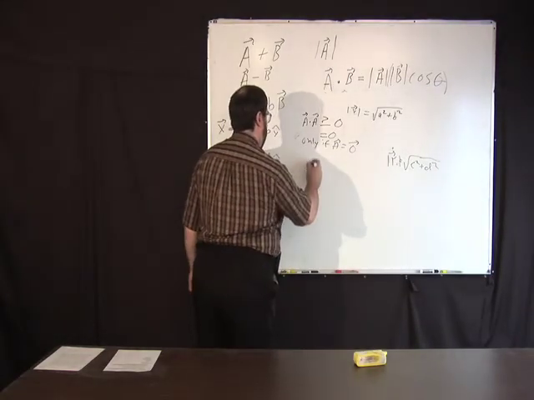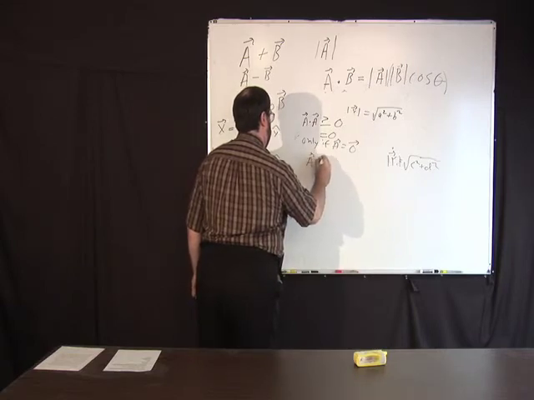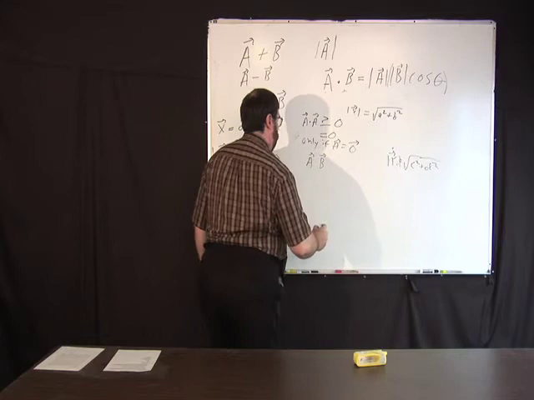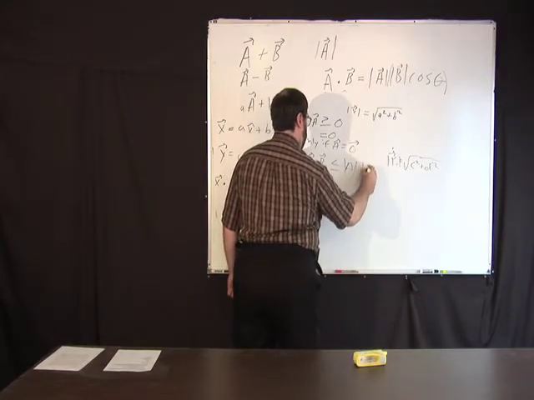And it has to have the property that A dot B, for any two vectors, is less than or equal to the magnitude of A times the magnitude of B.